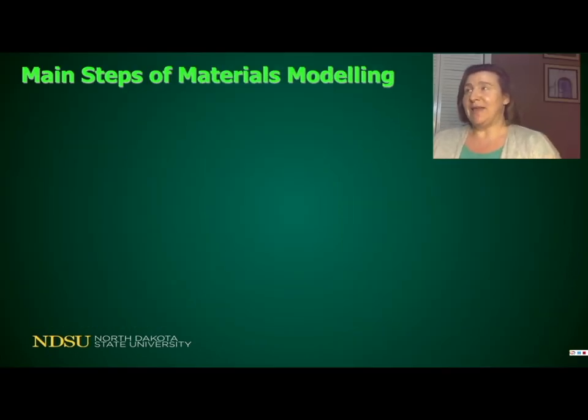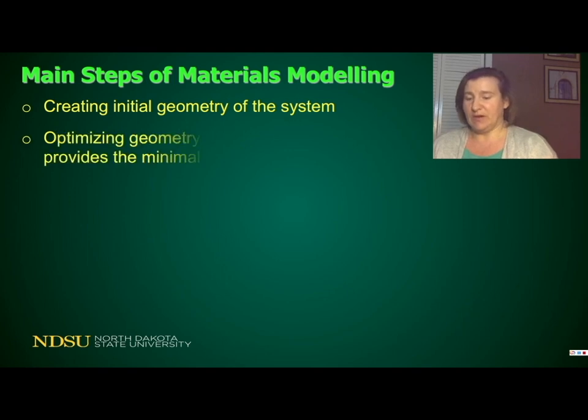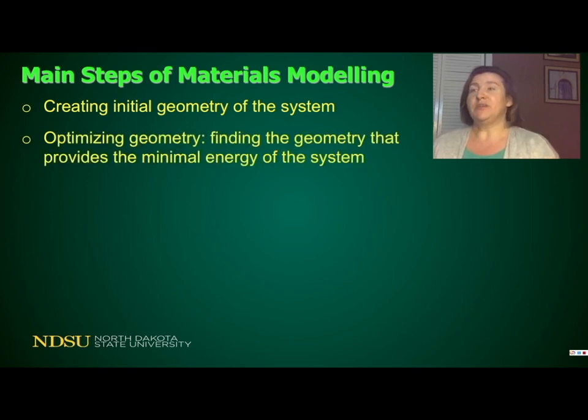So let's consider the main steps which we have to do if we are doing materials modeling or materials computational modeling. The first step is creating the initial geometry of the system. It should be a three-dimensional geometry, chemically correct, also very logical, which we have to start with. Next step, we need to optimize this geometry, which means the geometry will be changed until we find a structure that provides a minimal energy for this specific system.